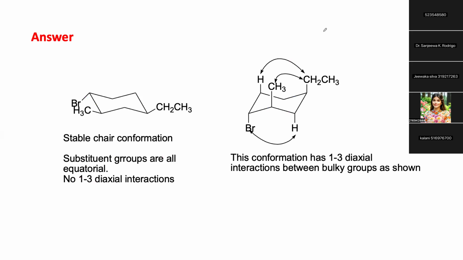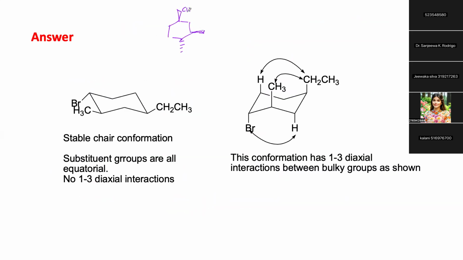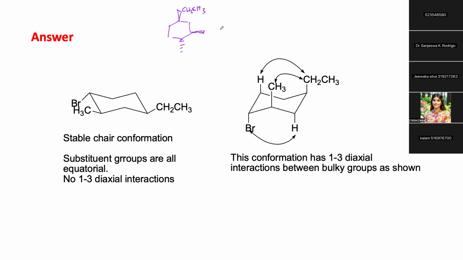Right, the answer. So okay, this was the question. Let me go back. Yeah, CH2, CH3, CH2, CH3, CH3 and bromine. Okay.